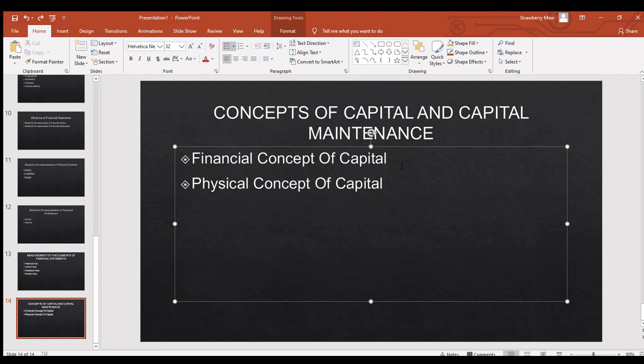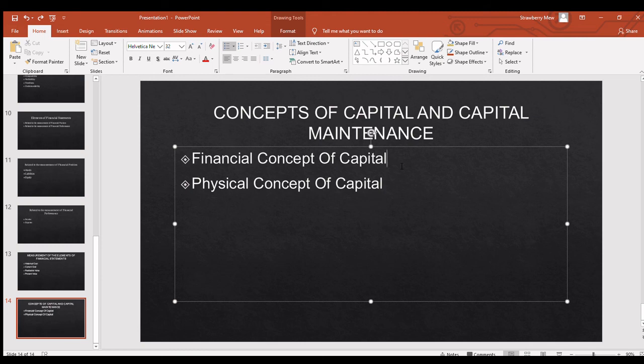Under financial concept, capital is synonymous with the net assets or equity of the enterprise. A profit is earned only if the financial amount of the net assets at the end of the period exceeds the financial amount of the net assets at the beginning of the period. Okay, so kung ang net assets natin, meaning assets less liabilities, okay?